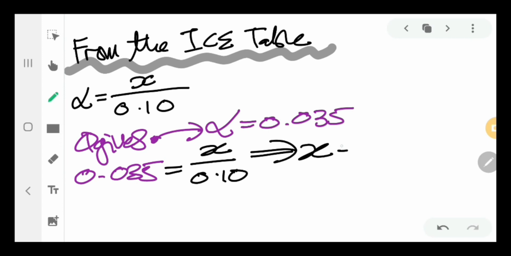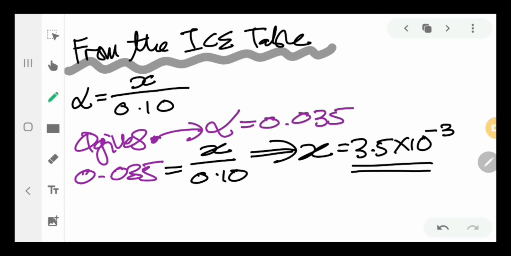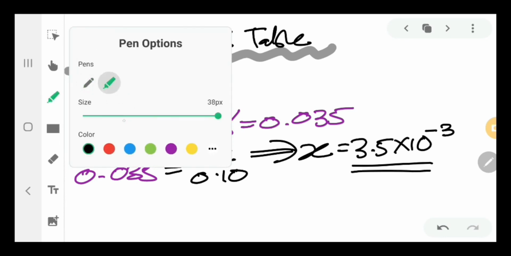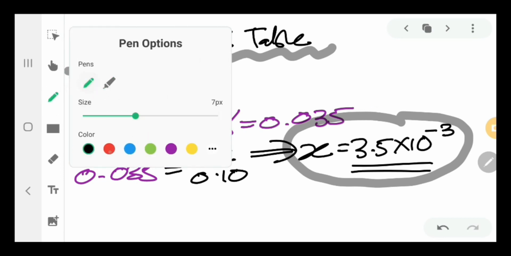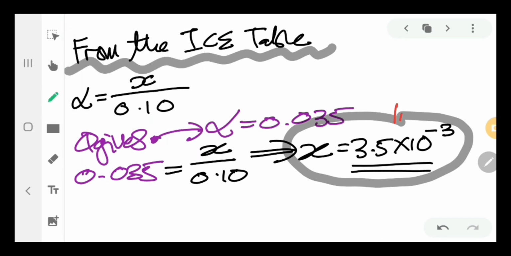Therefore, the value of x is 3.5 times 10 to the power of -3. This is the value of x that we want. By doing that, you're going to get another 1 mark.